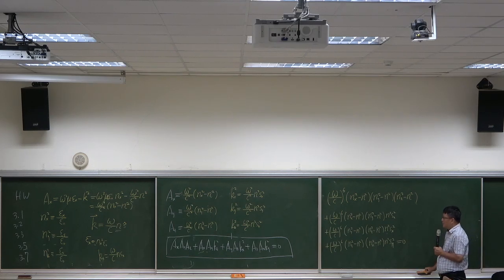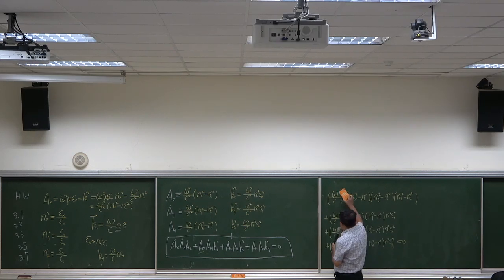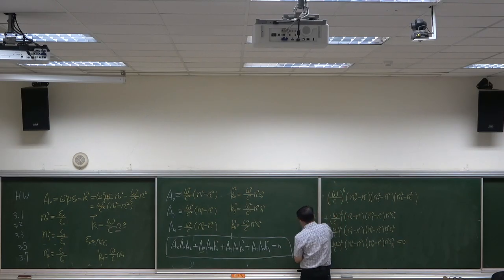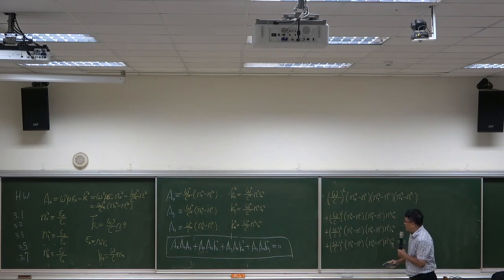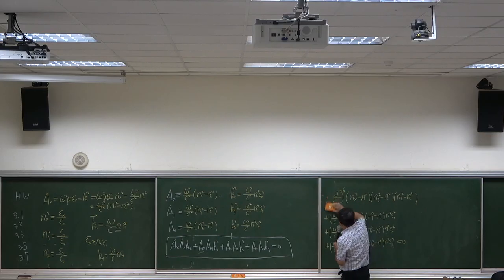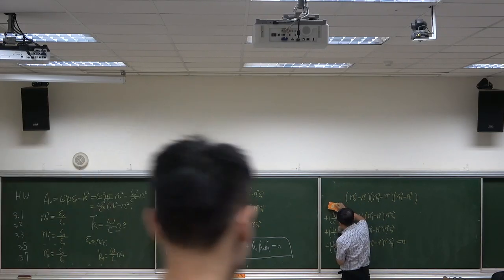So we see that this omega over c to the 6th power is the common factor. We can drop them.